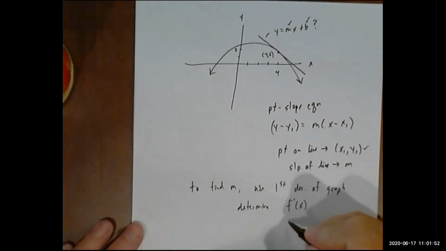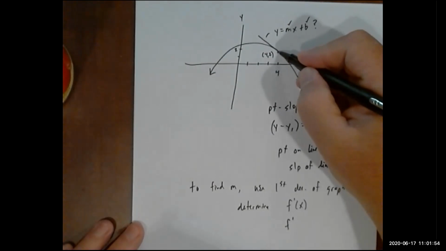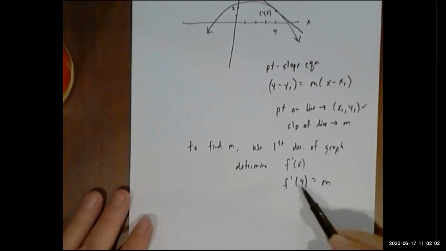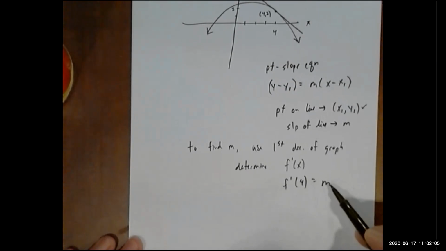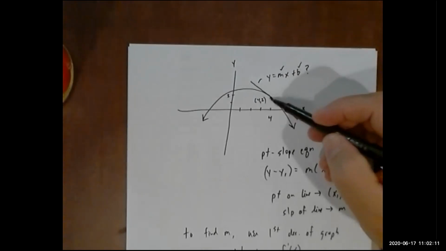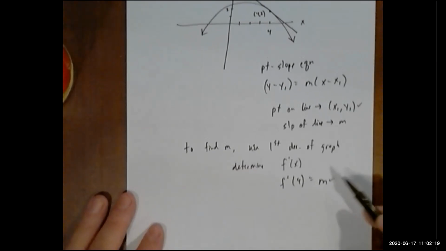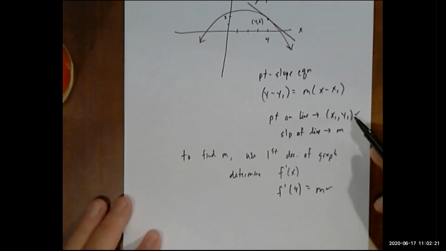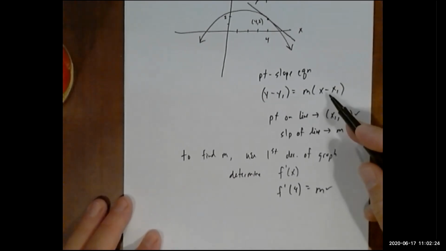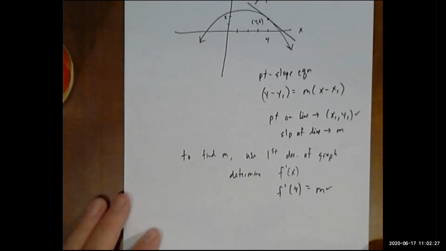And in our case, since I'm looking when x is 4, I plug in x equals 4 into my equation for the first derivative, and that gives me the slope of the graph at that point and the slope of my line. So now I know the slope of my line. I know a point on the line, and I can plug it into this equation and get the answer.